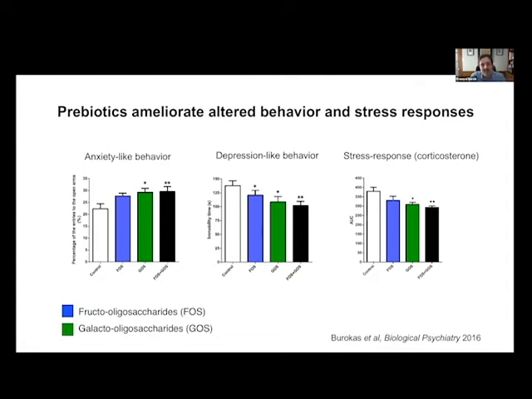From the graphs on the left and in the middle, you can see that the administration of this prebiotic was able to decrease anxiety and depression-like behavior. On the right, you can see that even stress responses, measured by corticosterone levels, were decreased by the administration of prebiotics. So I think we need more clinical data to make a proper conclusion on whether prebiotics could be used therapeutically for psychiatric comorbidities.